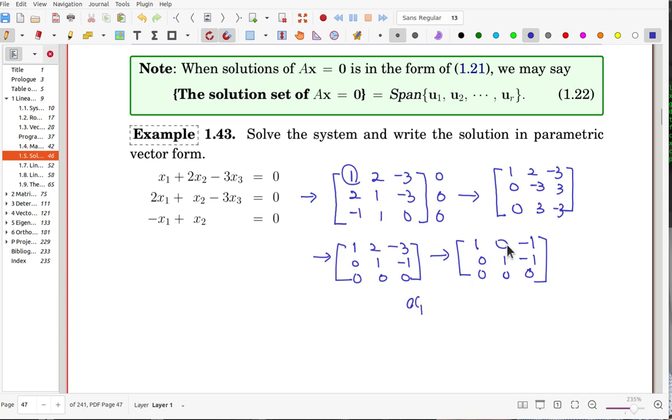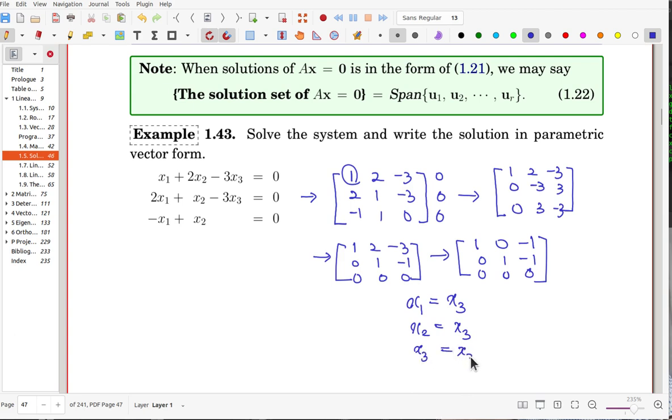x1, x2 are basic variables, and x3 is a free variable. So x1 minus x3 becomes x1 equals x3. And from the second one, x2 is again x3. x3 is the free variable.